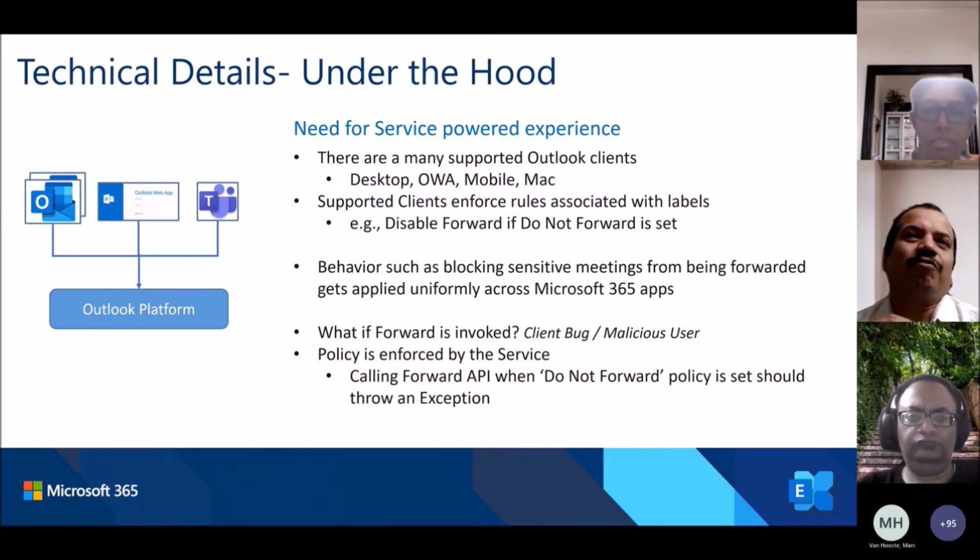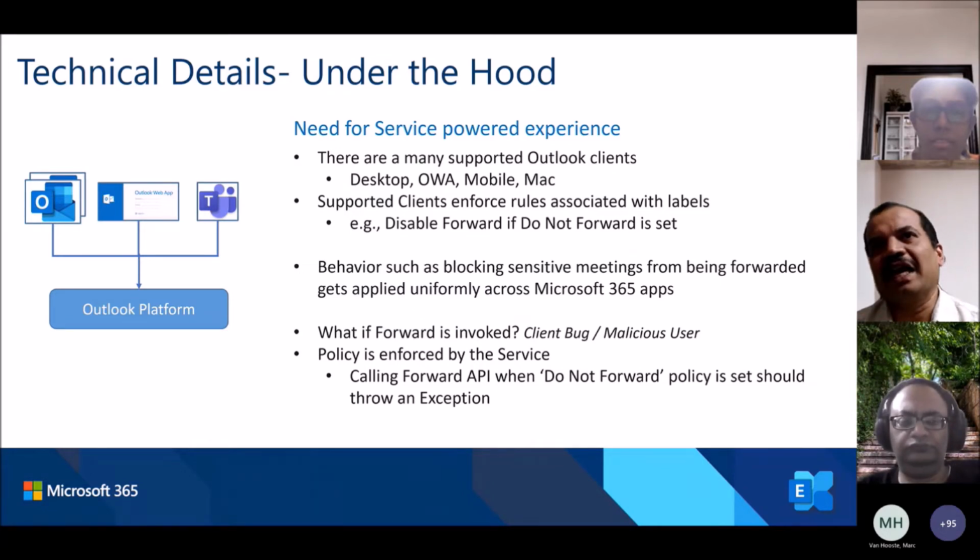However, for whatever reason, either because of a client bug or some malicious user, because these are all open protocols, if the server receives a forward API call for an item with the label as Do Not Forward, then the platform will throw an exception. So the principle we have followed is we are erring on the side of caution.